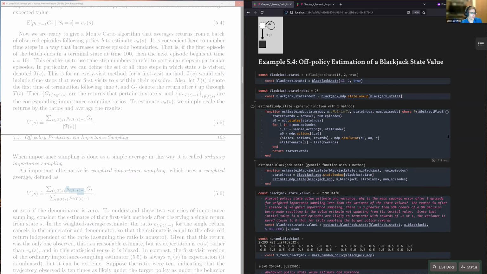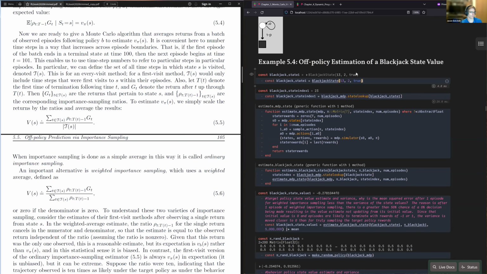Okay. So in terms of using these importance sampling weights, the example here is we're going to try to estimate the value of a particular blackjack state. The policy that we care about estimating is the original one, where we only stick on 20 or 21.